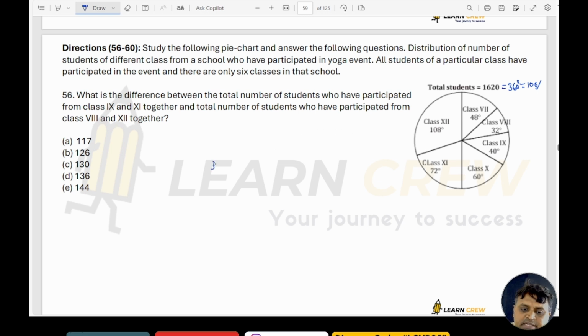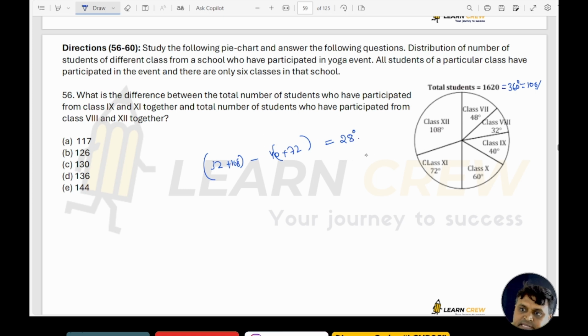So it is 32 plus 108 minus 40 plus 72. 32 plus 108 is 140, 40 plus 72 is 112, and 140 minus 112 is 28 degrees.